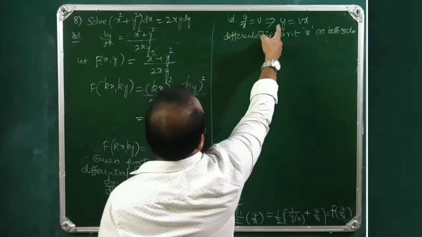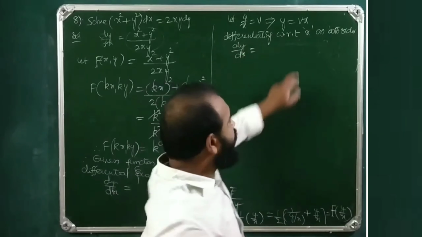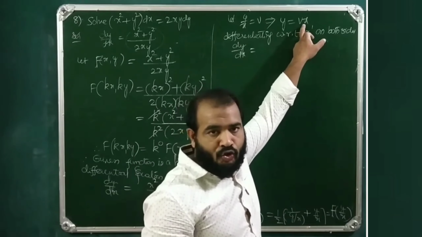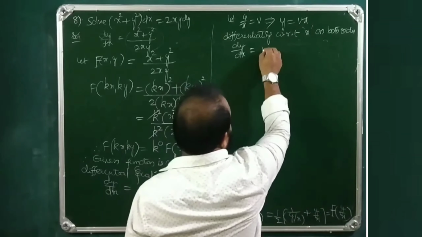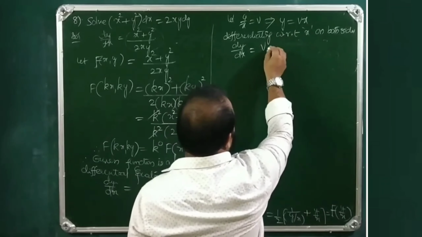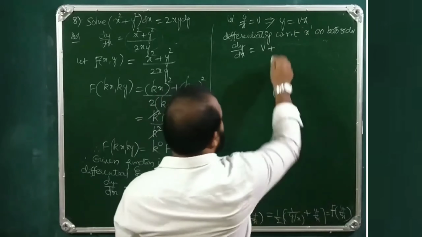This is equal to d by dx of y, which is dy by dx. Here is a product of two functions, u v dash plus v u dash. So v into d by dx of x, which is 1, so v into 1, plus x into d by dx of v, which is dv by dx.